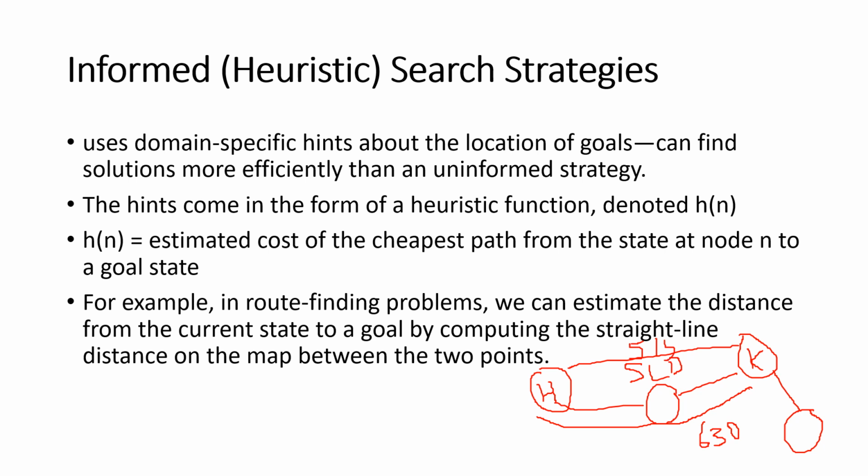So this straight line distance we can consider as the heuristic. So h of n is the straight line distance to the goal. It is easy to compute, never overestimates, and is closely related to the real cost.